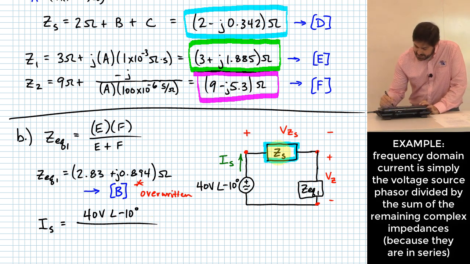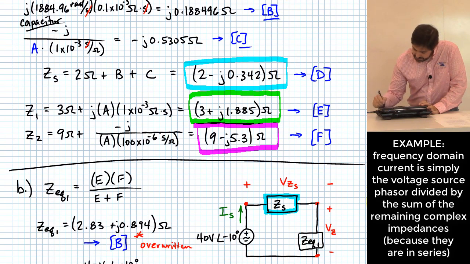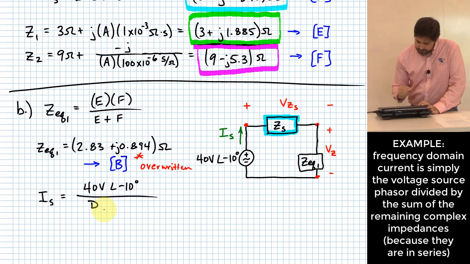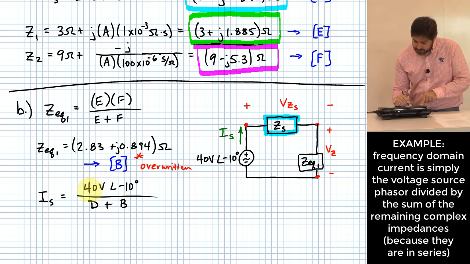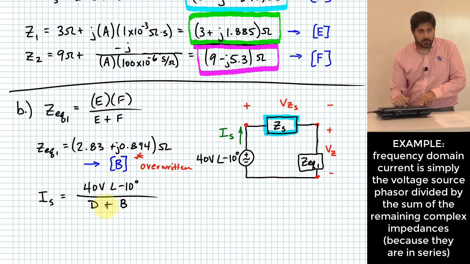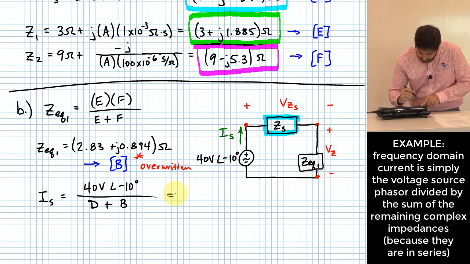What was ZS? ZS is stored, if we look up here a little ways, ZS was stored into variable D. And then ZEQ1 we just stored into B. Right? And what we're doing there is we're taking the amount of voltage applied to this series circuit and we're just dividing by what that equivalent impedance is, which is just the sum of these 2 impedances in series. Right? So let's do that.